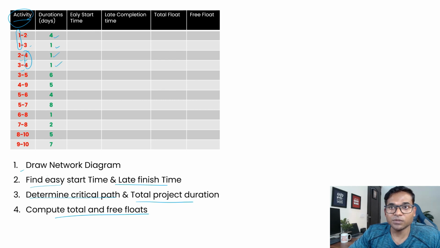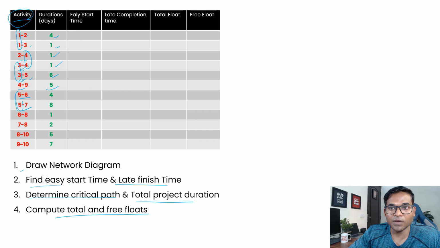Then similarly, if you see further 3 4 and 3 5, in this case 3 becomes a node from where 4 and 5 come out, right? And the duration of 3 to 5 is 6, and for 4 to 9 this is a different activity, where the duration is 5. Then again another activity 5 to 6 and 5 to 7.